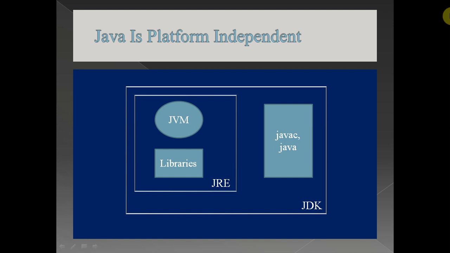So JVM is responsible for converting the platform independent bytecode into machine dependent, machine executable form. To execute it, the JVM must understand the configuration of the machine. So JVM should be aware of the platform. That is, JVM is platform dependent. Till bytecode it is platform independent, but JVM should be platform dependent.